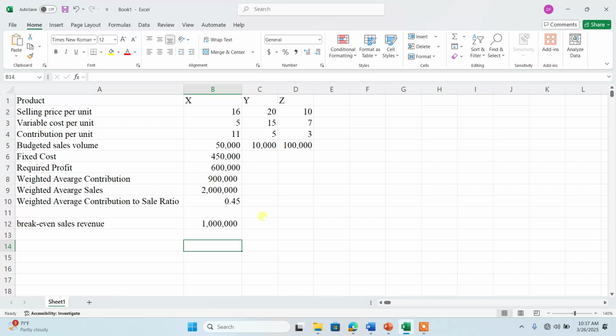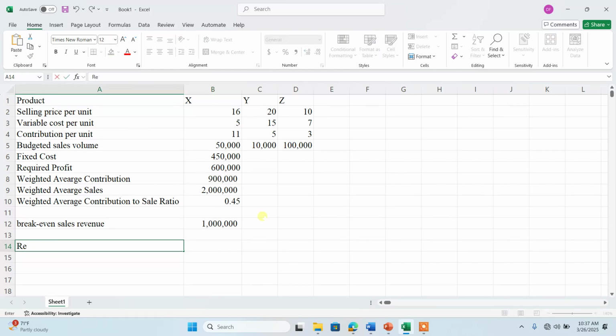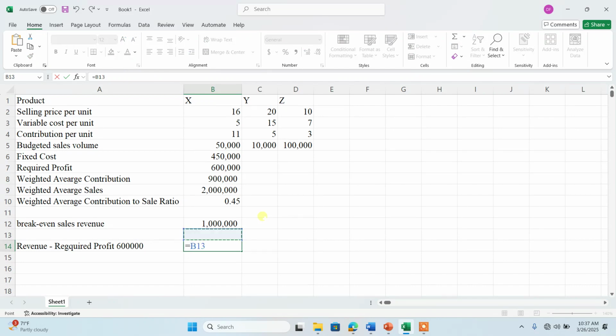Calculate the revenue where the required profit is 600,000. Required profit plus fixed cost, put into brackets, otherwise the division will be done first, divided by the weighted average contribution to sales ratio, which is 0.45. So this is the answer.